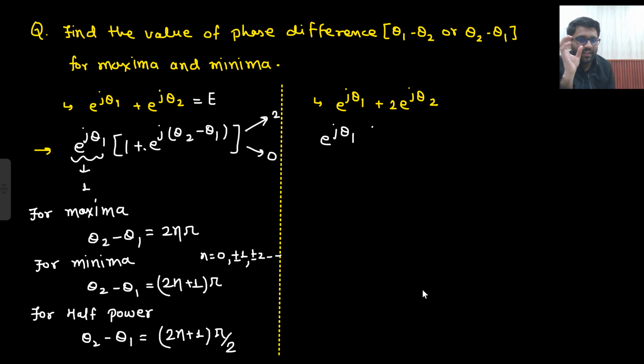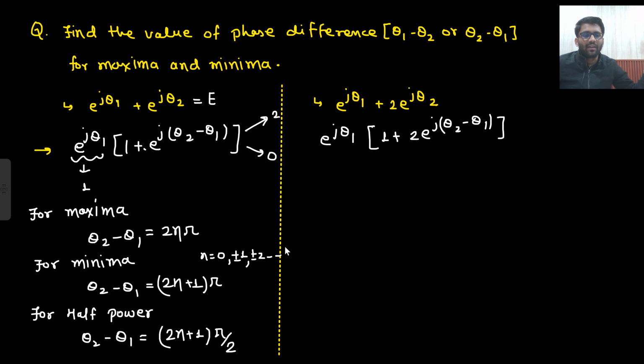When we were studying about standing wave pattern, at that time I used to take this outward, then I used to write down 1 plus 2 e to the power j theta 2 minus theta 1. This is how I used to write, and then from here onwards we used to derive for maxima, minima, what all things were there. So at that time we were analyzing only maxima and minima.